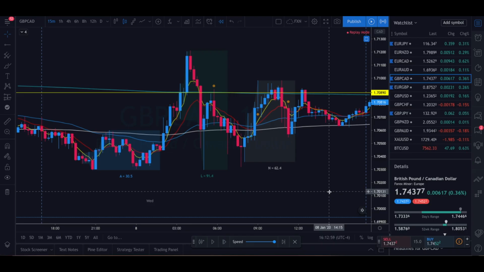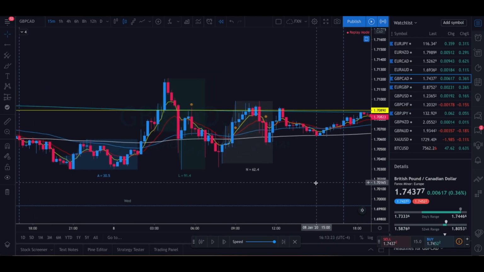You don't have a bias basically in an accumulation cycle. All right, because it could go either way because you're going back and forth between support and resistance. It's not like a trending cycle where you have a bias. It's not like a market maker cycle where you have a bias on Wednesday or Thursday or Friday or even on Tuesday. You know what I mean? So you don't have a bias here at all. You basically you're trading solely on a pattern and timing.